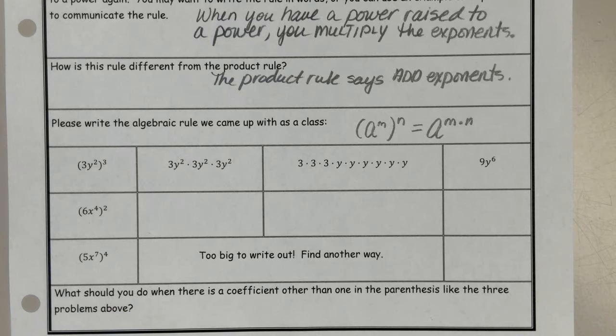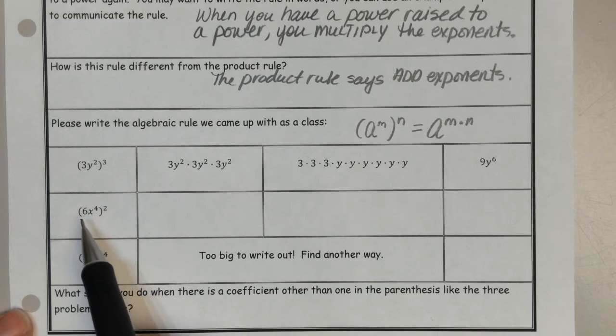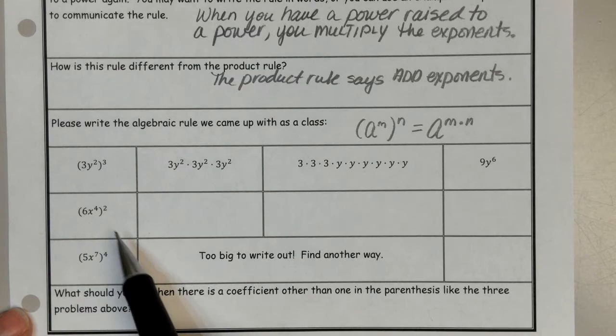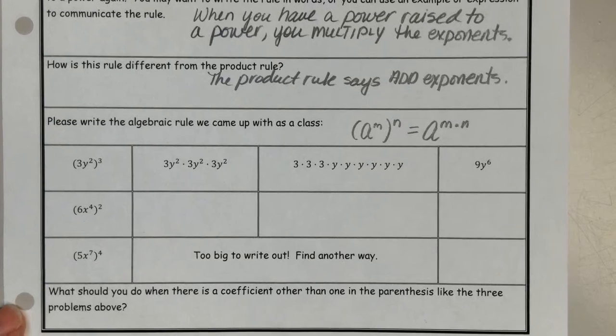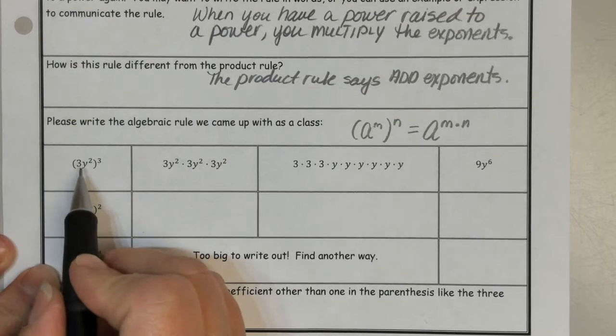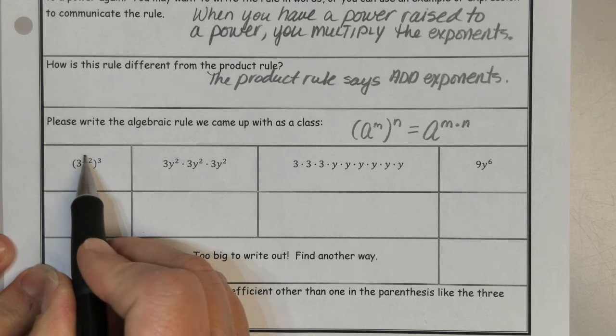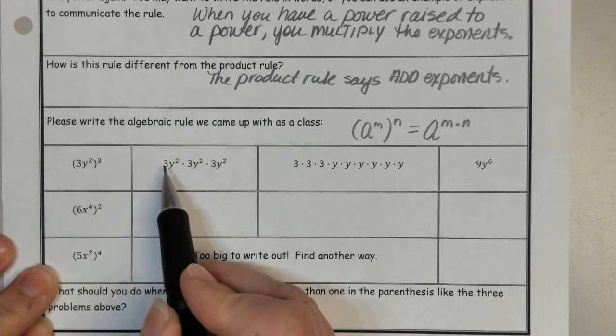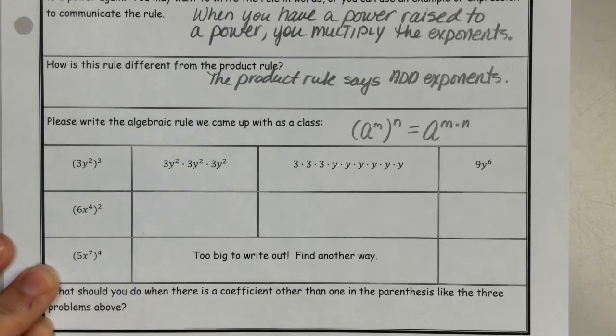Okay, let's try some of these. These have got a base that also has a numerical coefficient. You always work out the numerical coefficient part of the expression. So let's take a look at this. You can see where they had 3y squared, and that whole thing is raised to the third power. So you write it 3 times itself.